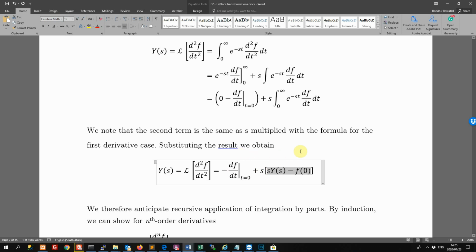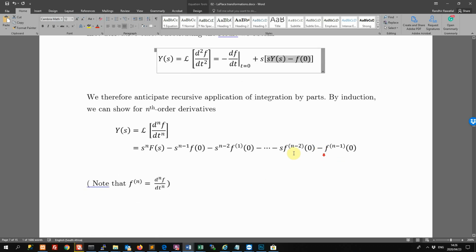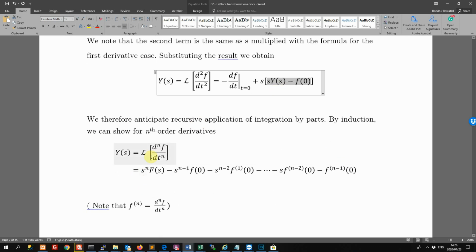And as you might anticipate, we can, by induction, deduce what this is going to be for the Laplace transform of the nth derivative of f. Right? So if you follow the pattern, you get something like this. So you can say for the nth derivative, it's simply going to be s to the power n times f of s, and then we will have several terms after that.